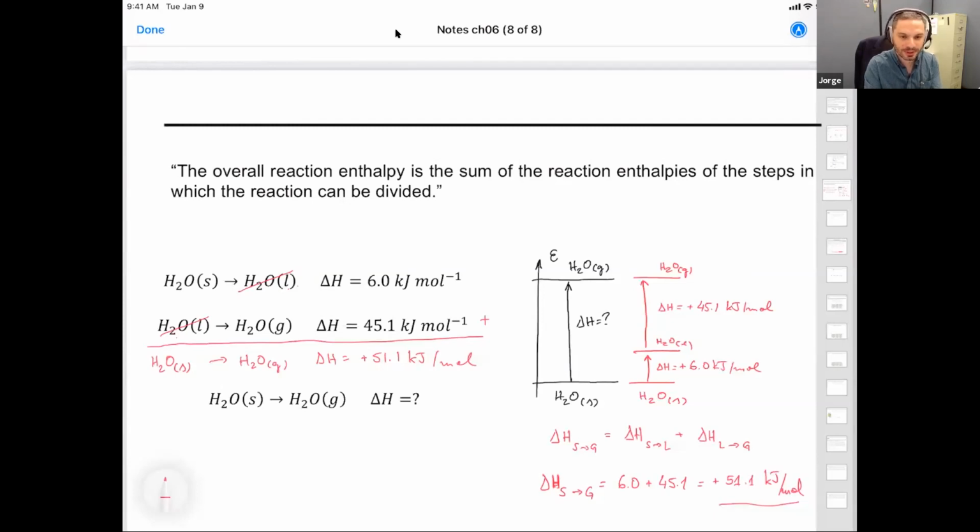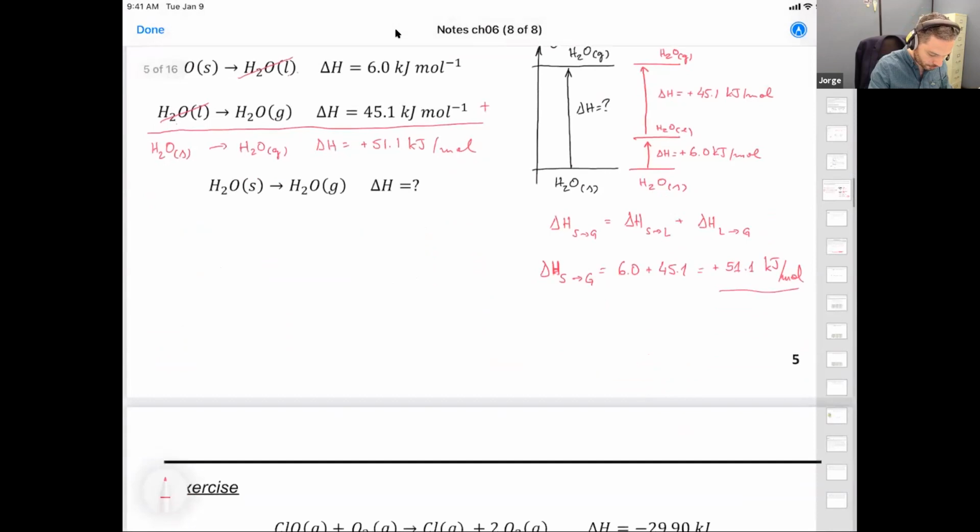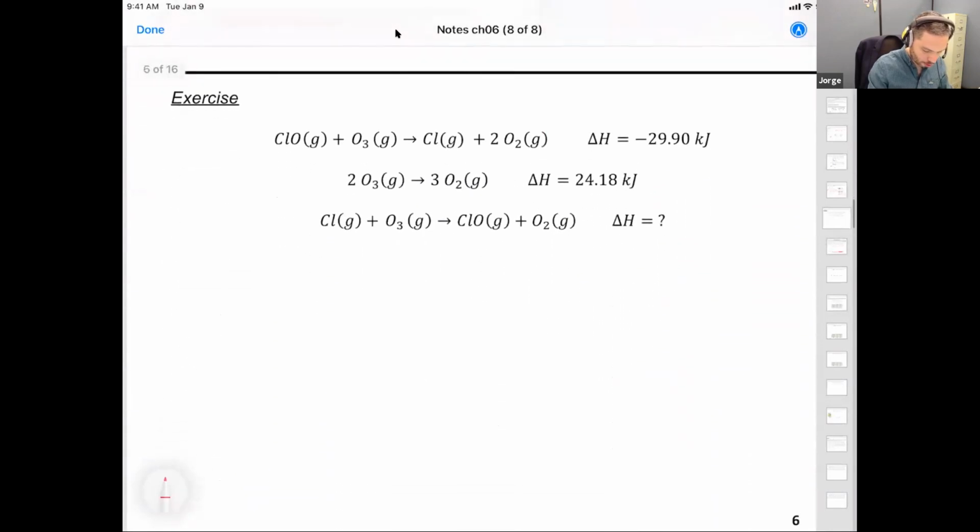In other words, energy depends on the amount of substance that you have.